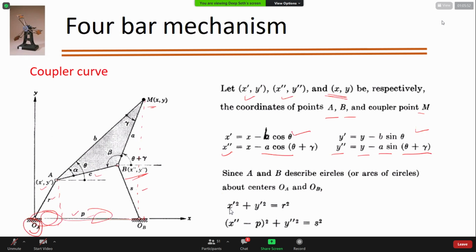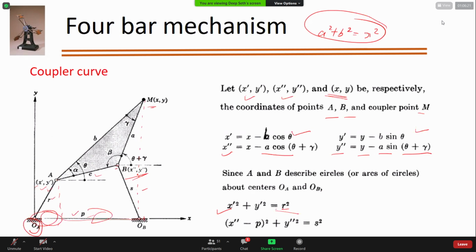So what will those equations be? For this part, R, about OA, x dash square plus y dash square is equal to R square. R square is the radius square here. You remember, a square plus b square is equal to radius square. That's the equation of a circle, the same I am using here: x dash square plus y dash square is equal to R square.